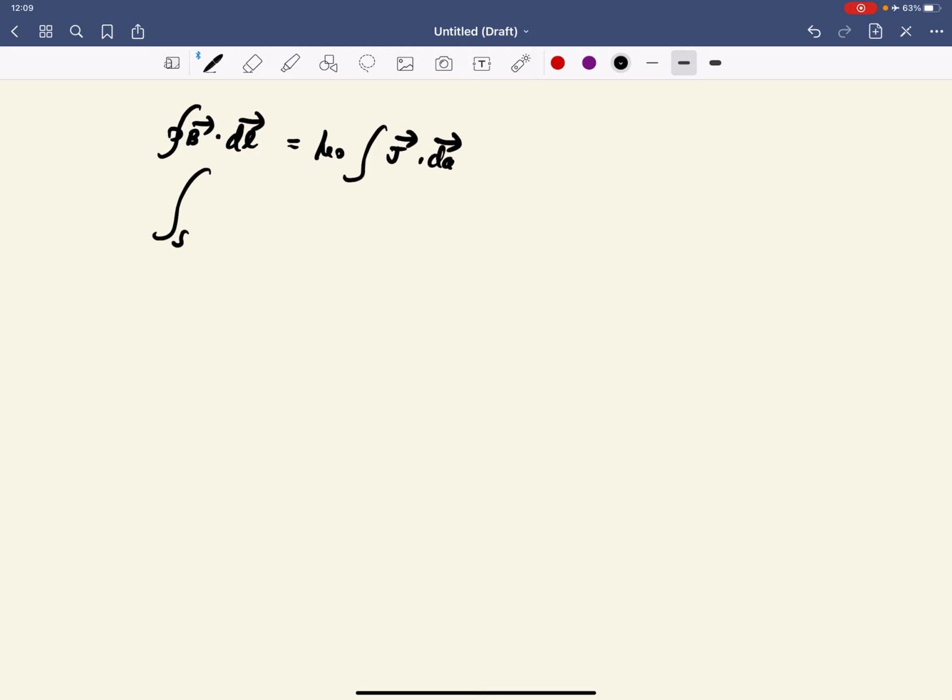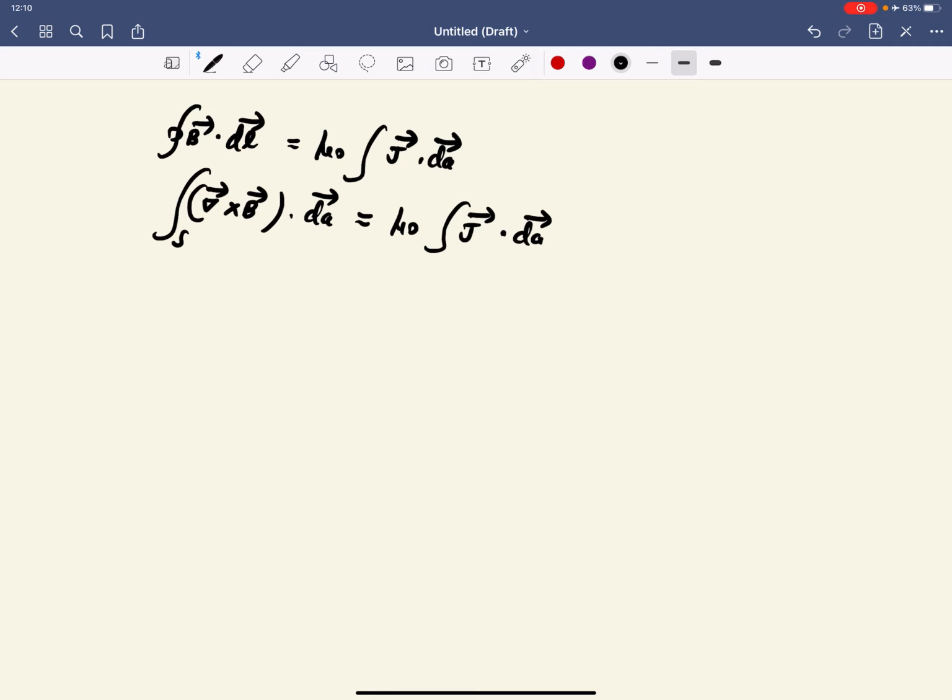So let me write this line integral B dot dl in terms of the curl of the magnetic field. This is a result of Stokes theorem. We can convert line integrals into surface integrals. So this is equal to mu 0 into the integral of j dot dA.